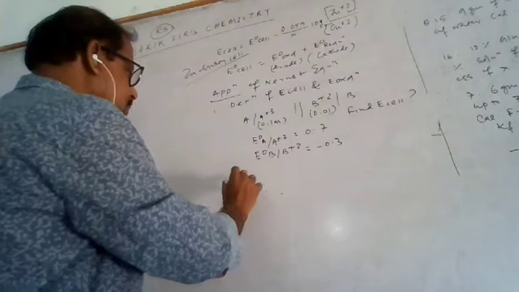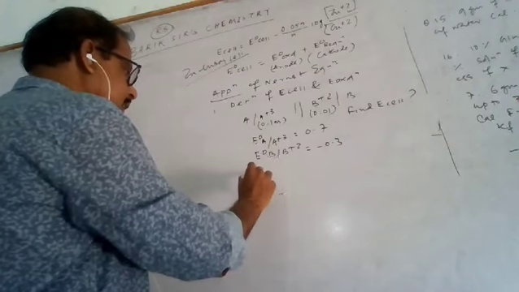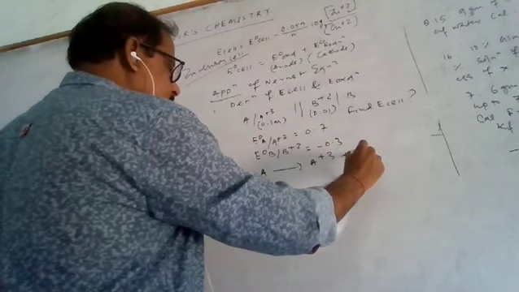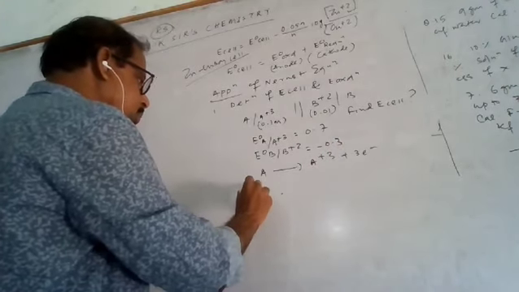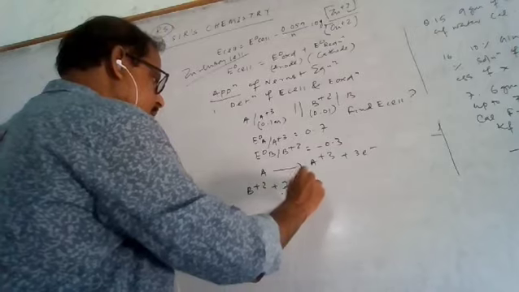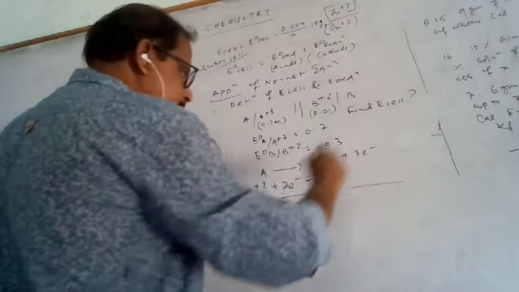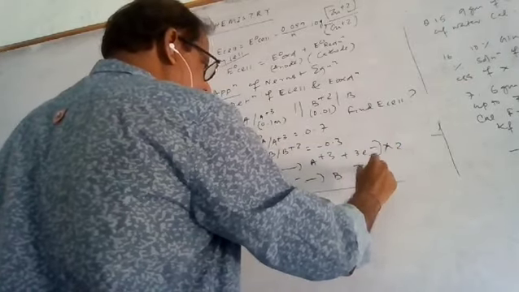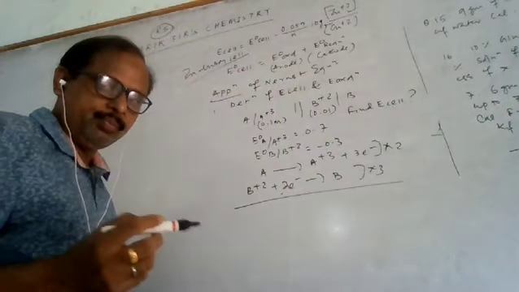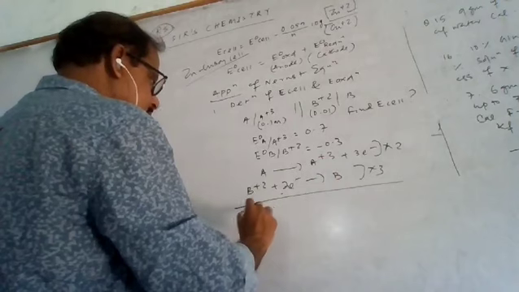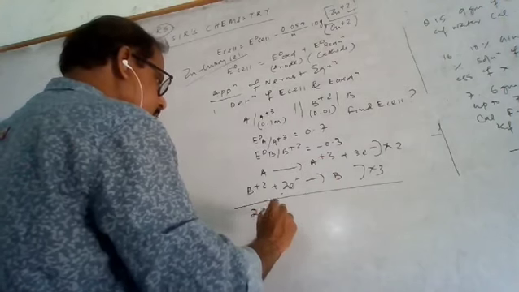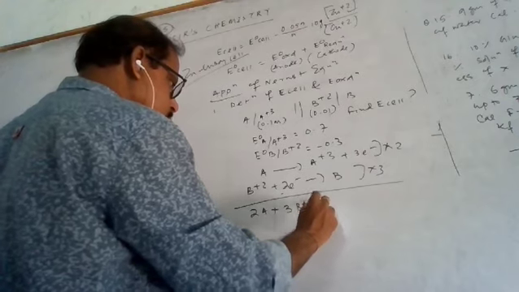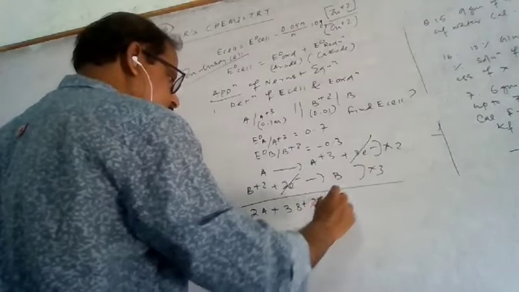First of all, we write the equations: A converted to A plus 3 with 3 electrons, and B plus 2 gains 2 electrons converted to B. To equalize the electrons, the first will be multiplied by 2 and the second by 3. Finally it will be 2A plus 3B plus 2, and the 6 electrons will be cancelled.